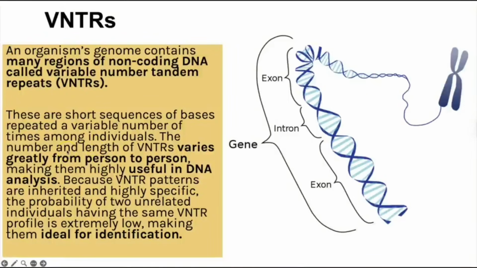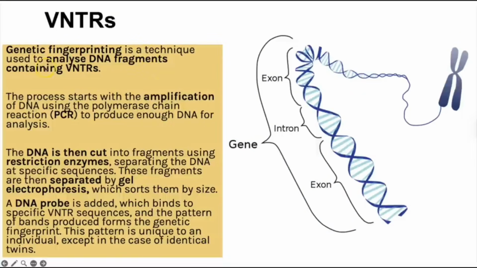And the number and length of the VNTRs is very different from person to person. And that is very useful in DNA analysis because VNTR patterns are inherited and highly specific. So the probability of two unrelated individuals having the same VNTRs is extremely low. So we can use VNTRs to examine relationships in terms of genetic similarities.